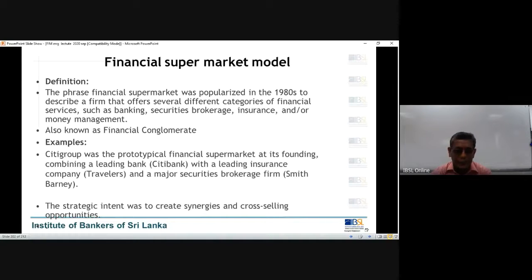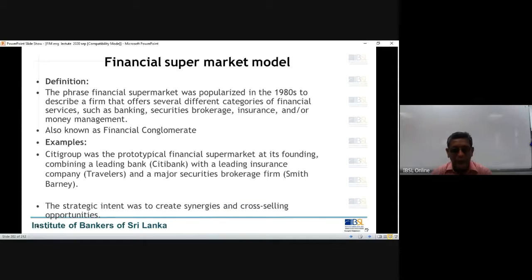Finance companies are not only involved in financial businesses, but the organization is involved in more than one business activity, like securities, brokerage, insurance, any other activity other than banking. That is called a financial conglomerate.